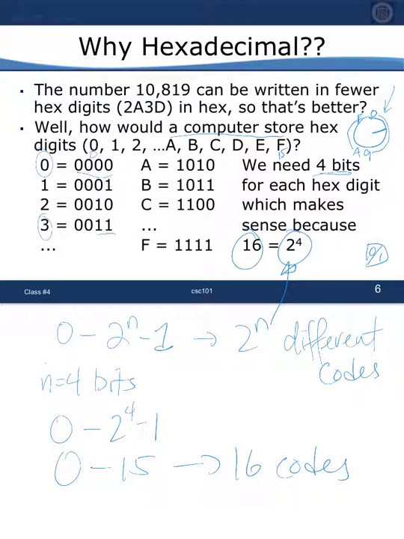And then when I get to my letters, A is the number 10, remember? And how do I store 10 with 4 bits? That's a 1 in the 8's and a 1 in the 2's. That makes 10. All the way up to F, which remember is 15. And that would be 8 plus 4 plus 2 plus 1. That's 15. Okay, so I can naturally, I think, encode any hex character as exactly and uniquely 4 bits.